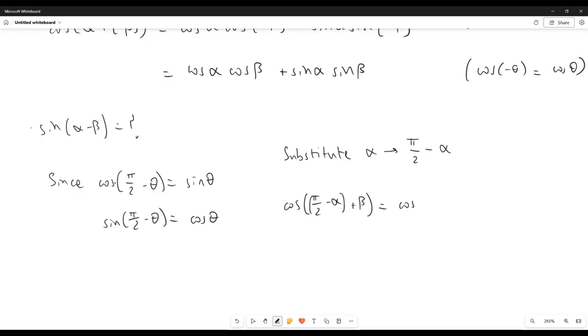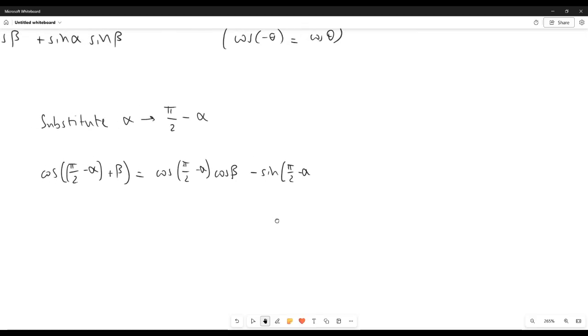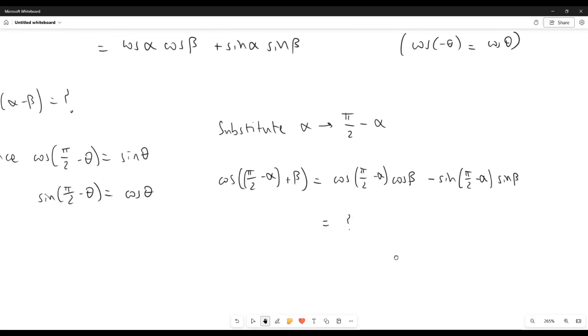Cosine of pi by 2 minus alpha times cos beta minus sine of pi by 2 minus alpha times sine beta. Now, what is the next step?